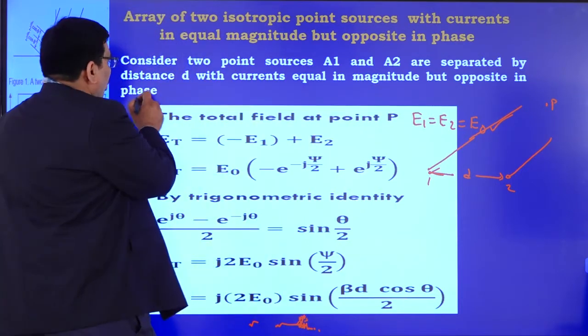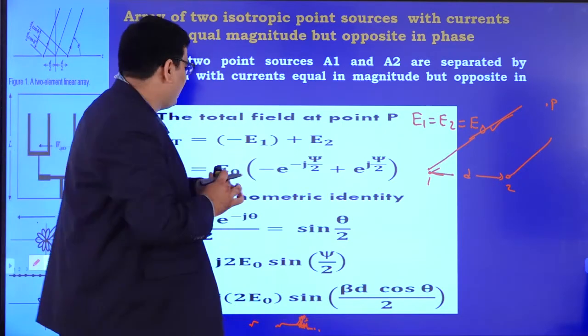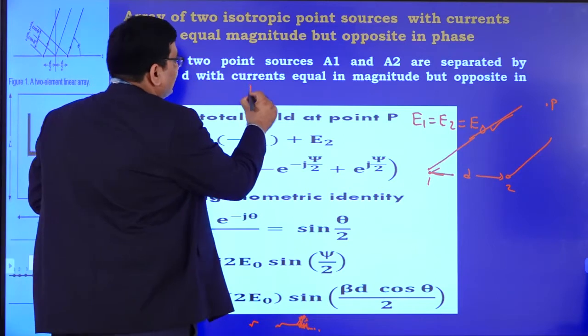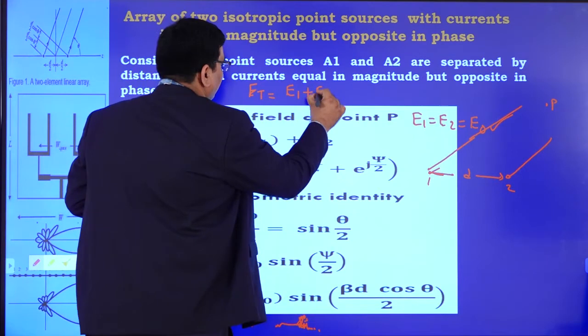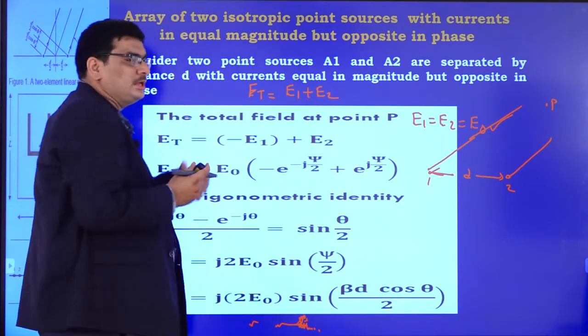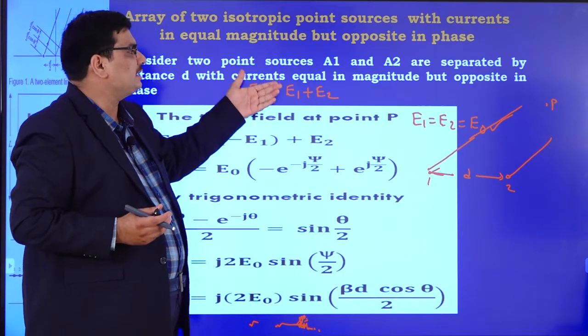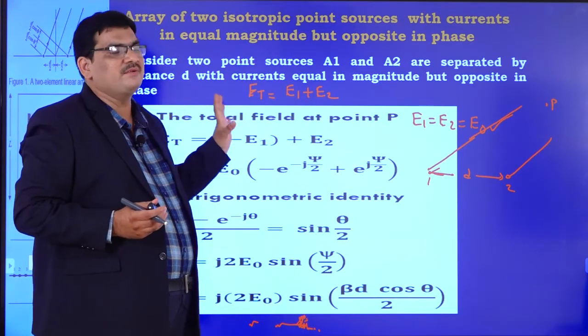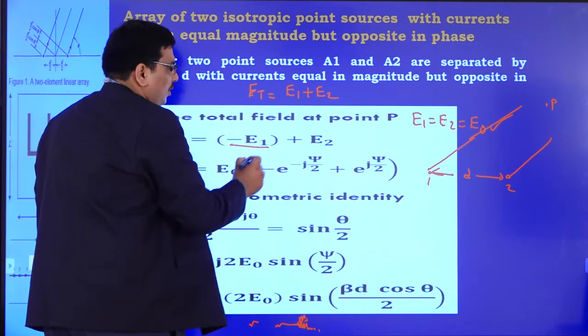So when we are finding the total field, in the previous case we wrote Et equals E1 plus E2, because both have equal amplitude and equal phase. But now we are taking one of the signal fields as negative. That's why I have taken minus E1 plus E2.